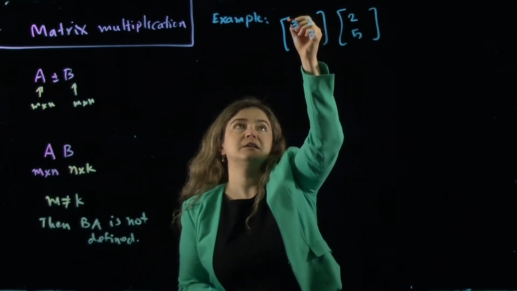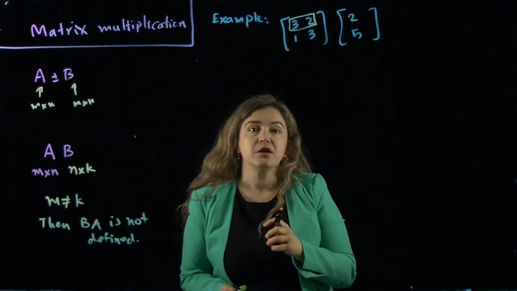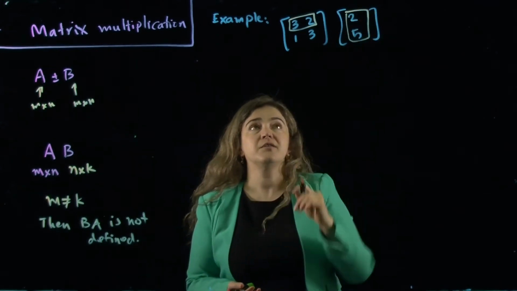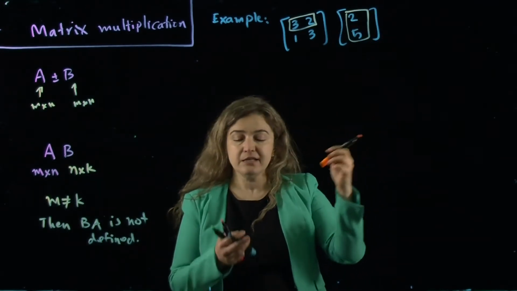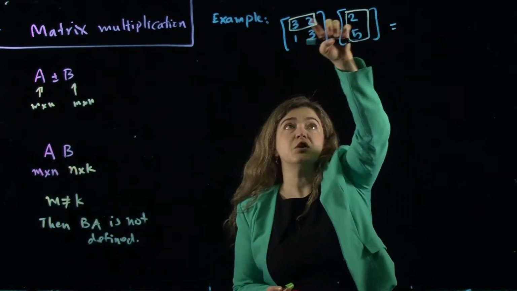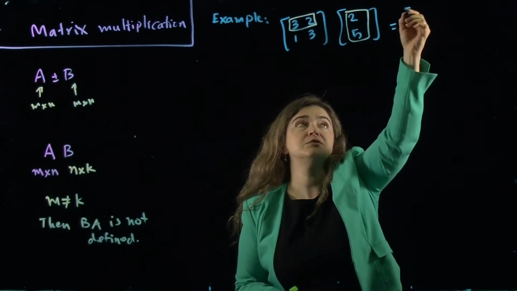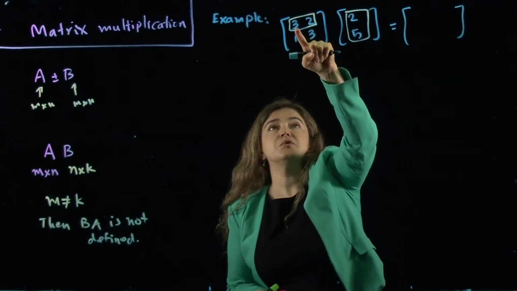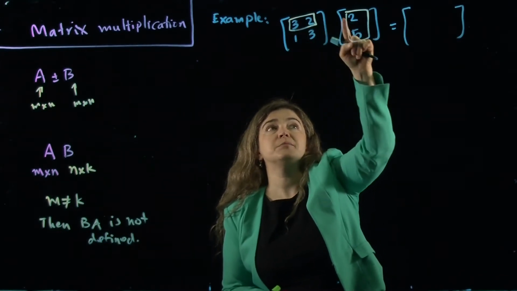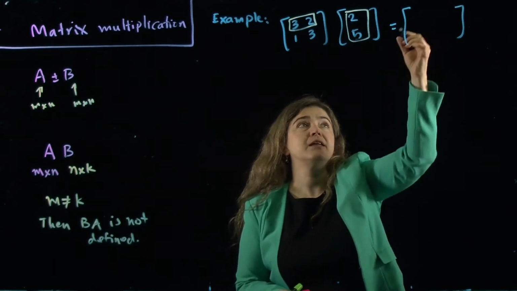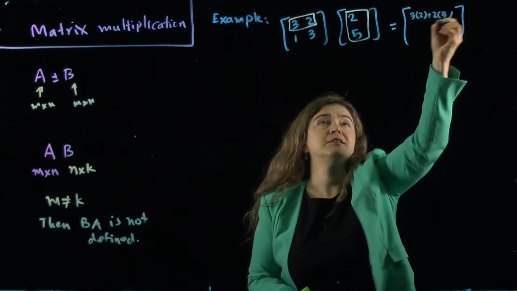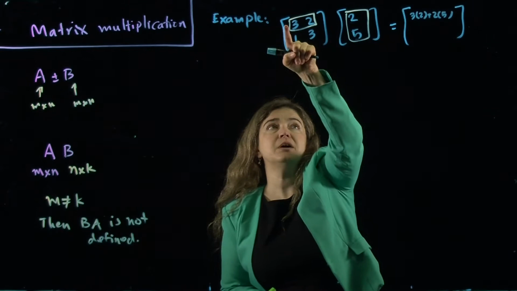You multiply rows of the first matrix by columns of the second matrix, and in the resulting matrix, the result of this multiplication goes into an entry. So here, 3 multiplies by 2, 2 multiplies by 5, and they add together. I will have 3 times 2 plus 2 times 5, and this would be the entry 1, 1.